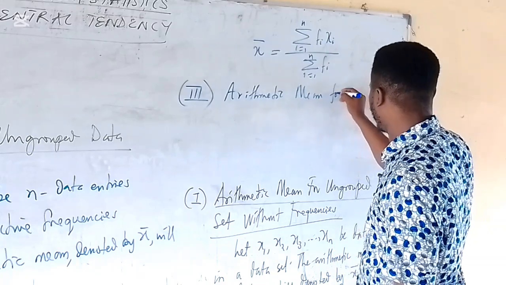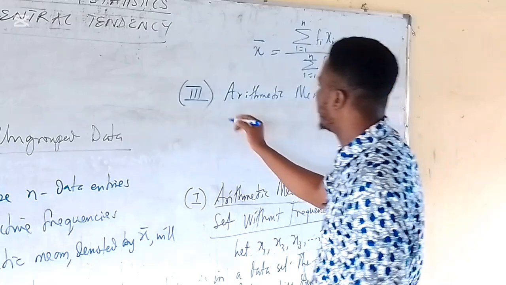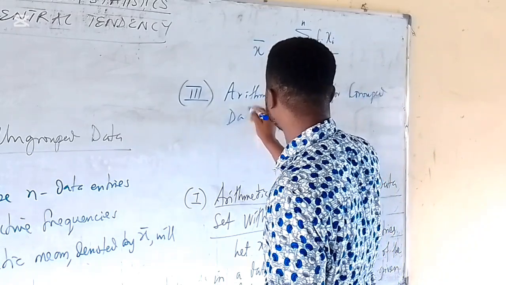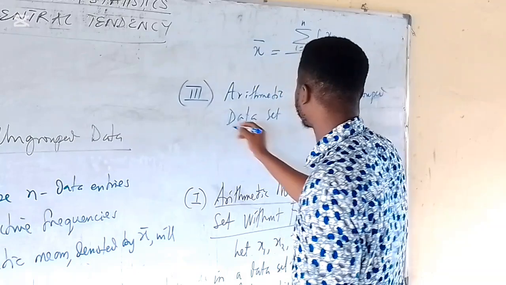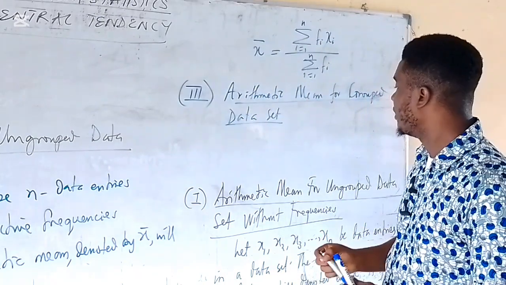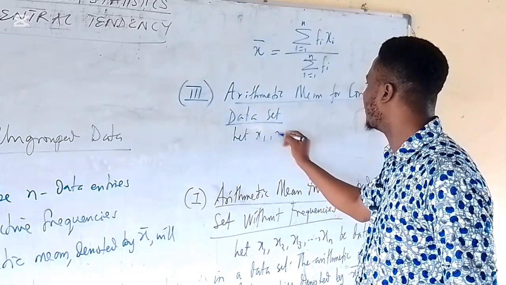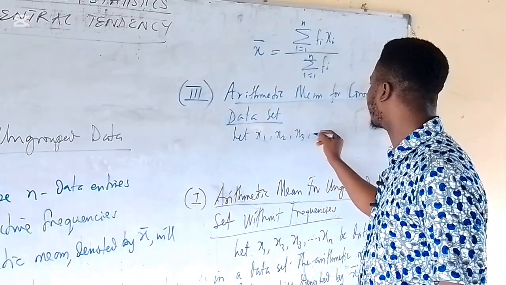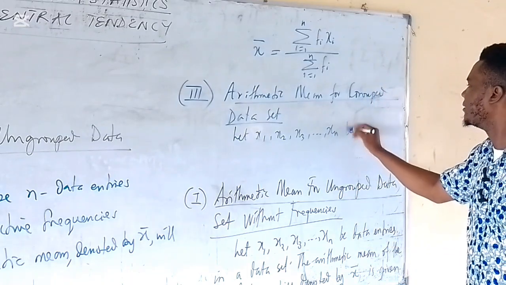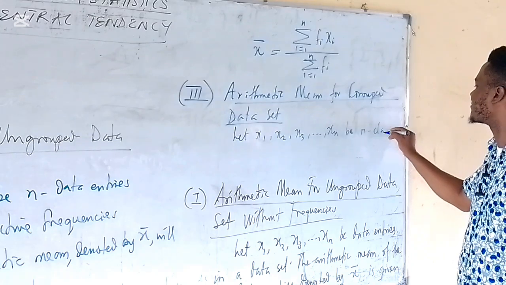Arithmetic mean for grouped data set. Now, let x1, x2, x3 up to xn be n class marks.